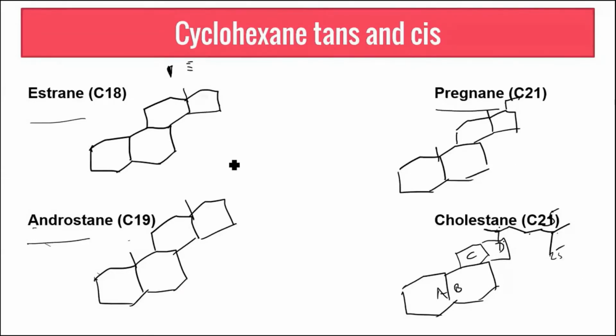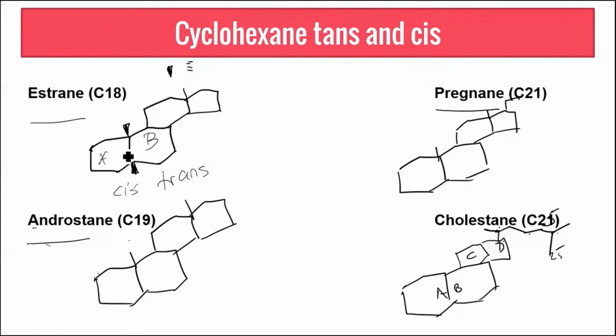Now with respect to cis and trans, if I am drawing this as cis estrane, which would mean that A and B are in the cis arrangement. When I label this as trans estrane, I would have this as trans. Now quickly dealing with how to represent this in the figure, if I have to draw cis, I would draw it as this. For now, we'll just deal with this.